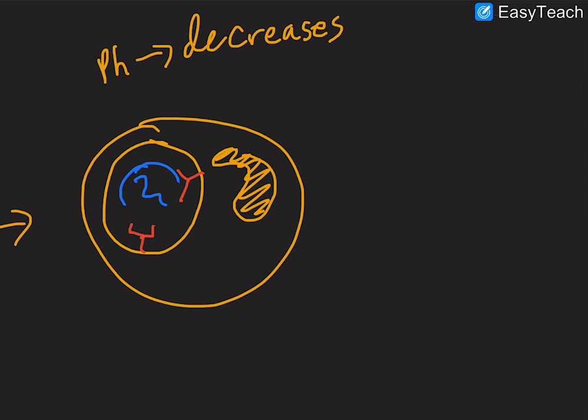Once that happens, the toll-like receptors can recognize the single-stranded RNA and get activated. So let's say we said that these were toll-like receptors 7 and 8. If the single-stranded RNA binds to toll-like receptor 7 or 8, that's going to lead to the dimerization of 7 and 8.